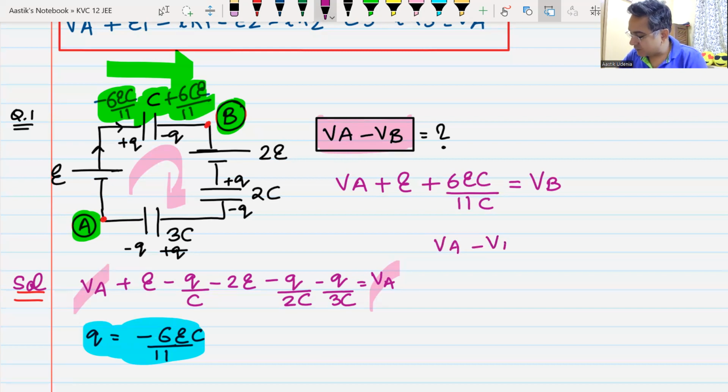VA minus VB will be equal to how much? Minus 17 by 11 times E.